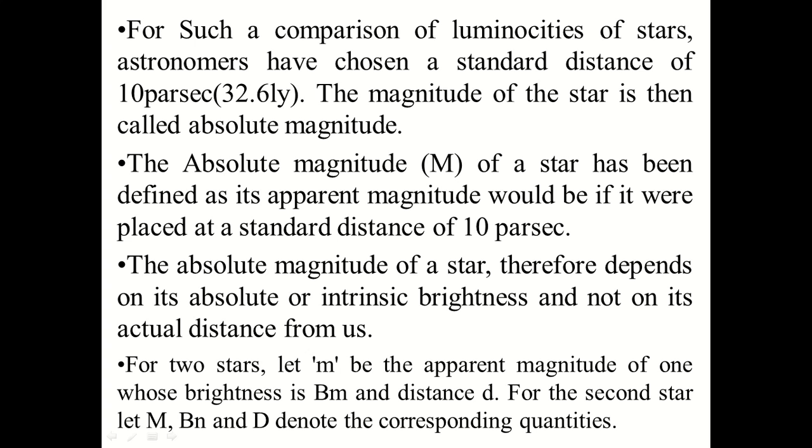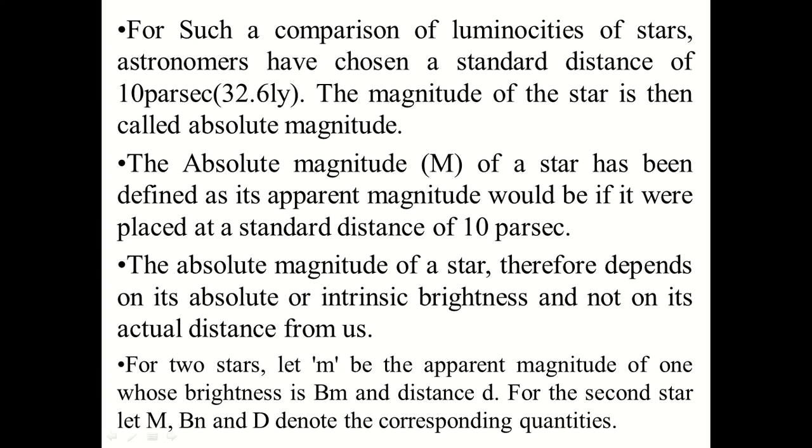So, if you have any star and you know its apparent magnitude and its actual distance, then we will be able to calculate its apparent magnitude if it is placed at a distance of 10 parsec.